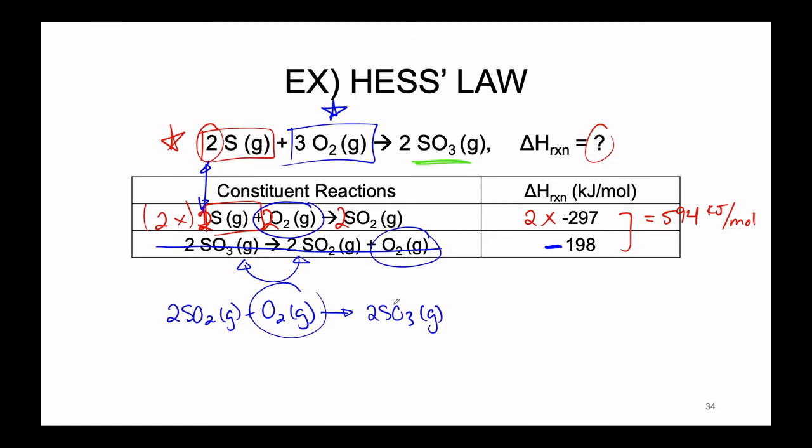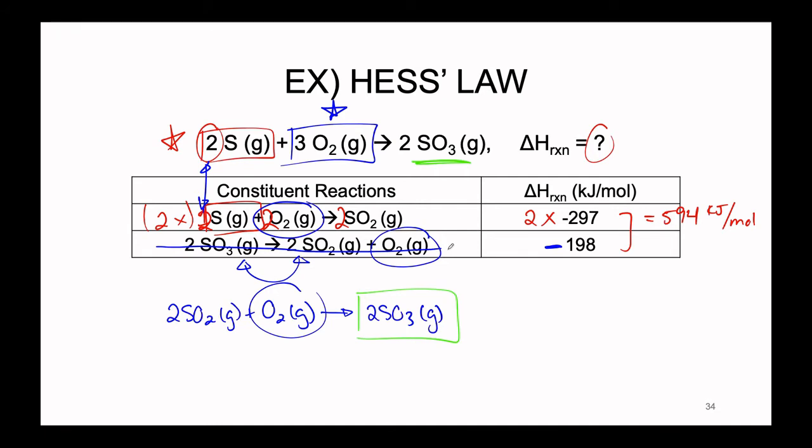In the second constituent reaction, it appears as though flipping the reaction, as we already have, also presented the product on the product side of the constituent reaction. So we were kind of working ahead a little bit, but it was exactly what we needed to do. So there's no other manipulation we need to do to get our SO3 on the product side. It's already there now.